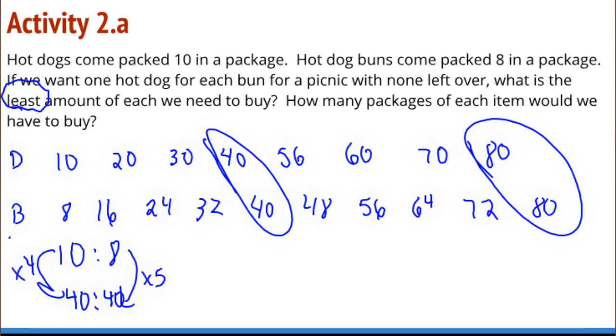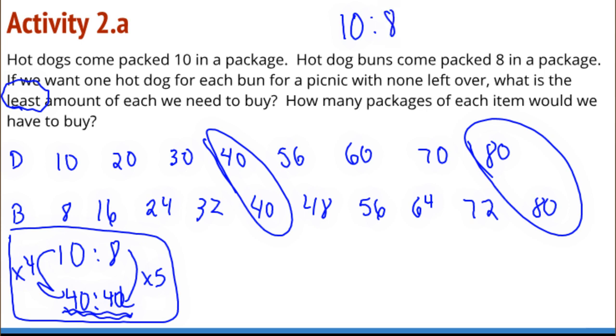Now, it's important to recognize that I don't have an equivalent ratio here when I have 40 to 40. But remember, what I'm looking for is where do the numbers intersect. So as I look at my ratio of 10 to 8, I'm asking, what can I multiply these by so that they are the same? What could I multiply 10 by and 8 by so that here I get a ratio of 1 to 1?